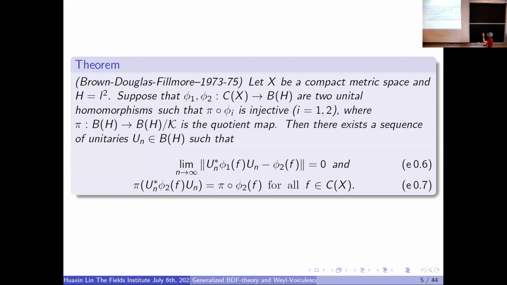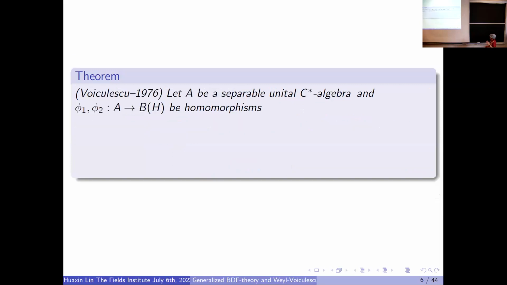So Weyl's theorem, Berg's theorem, and one of the results from the BDF theorem say this. And of course, then you have Voiculescu's theorem, and now H is separable. You don't actually need a unit, but just for consistency, let's say it's unital.